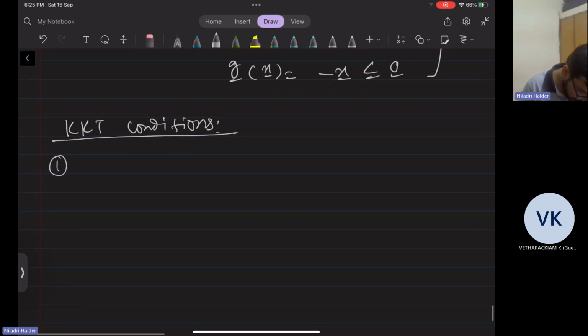The KKT conditions are like this. If you find the basic KKT conditions, you can write down the gradient, the Jacobians of h and g, then lambda, mu, all those things. If you do that, you will ultimately get: first, A transpose lambda star plus mu star is equal to c.